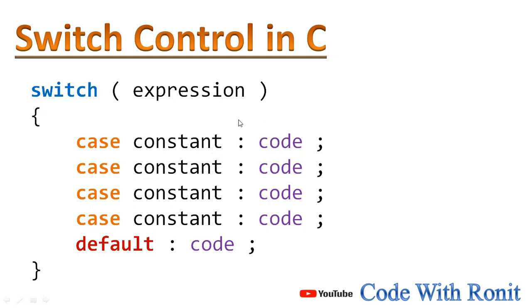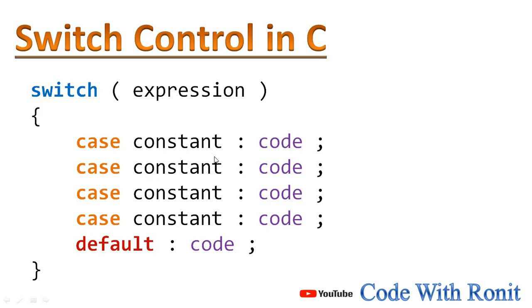Now, what is case? We have just seen in our previous program, that is the nested if else statement, if the user presses 1, then 1 was printed. If the user entered 2, then 2 was printed.